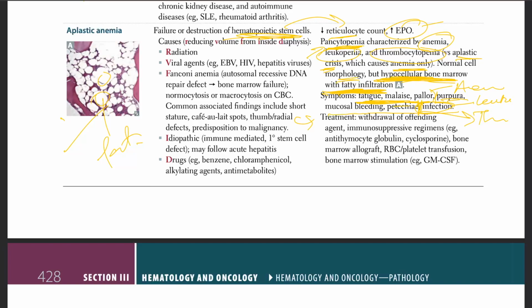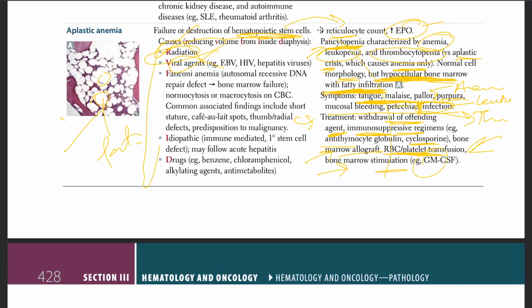Now the treatment is withdrawal of the offending agent. If there is any offending agent, like radiation or a viral agent, knock it out and do something about it. Either you treat the offending agent, or you give immunosuppressive regimens, for example anti-thymocyte globulin and cyclosporine, or do a bone marrow allograft, or RBC and platelet transfusion, or bone marrow stimulation.